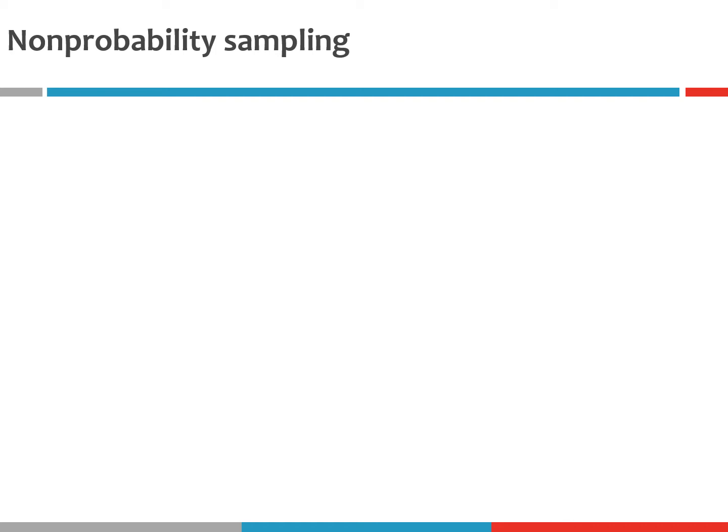We also use different methods because of the inherent difficulties of probability sampling. Probability sampling is just a lot more difficult than non-probability sampling. So most researchers use what's called non-probability sampling.